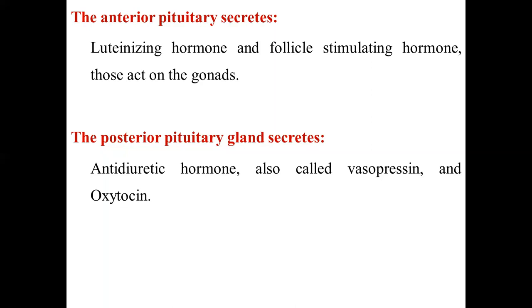Oxytocin is released into the bloodstream as a hormone in response to love and in labor. So it's responsible for labor and lactation, producing the fat in the mother's milk, of course, for lactation for her baby.